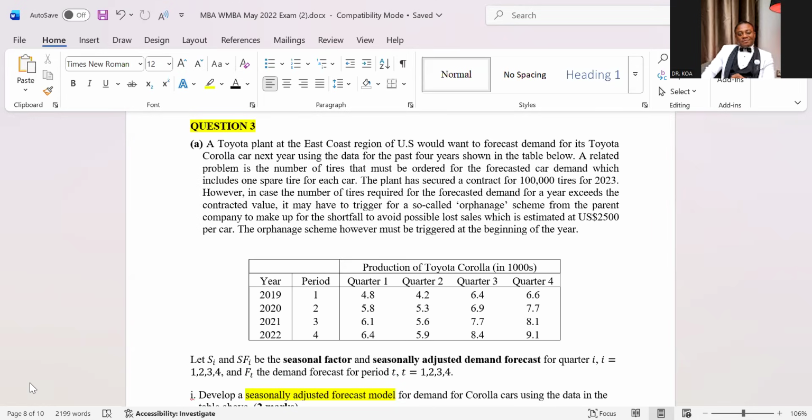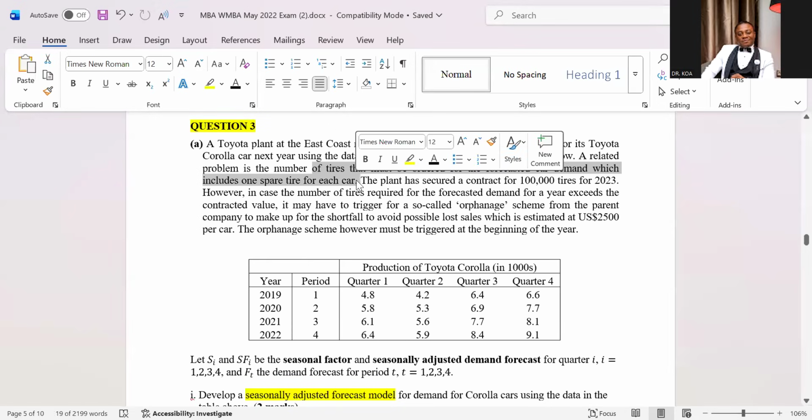So the question was very explicit. It says that in the case the number of tires required a year exceeds the contract, it may have to, and so on. Then it says that a related problem is the number of tires that must be ordered for the forecasted demand, which includes 1 spare tire for each car.